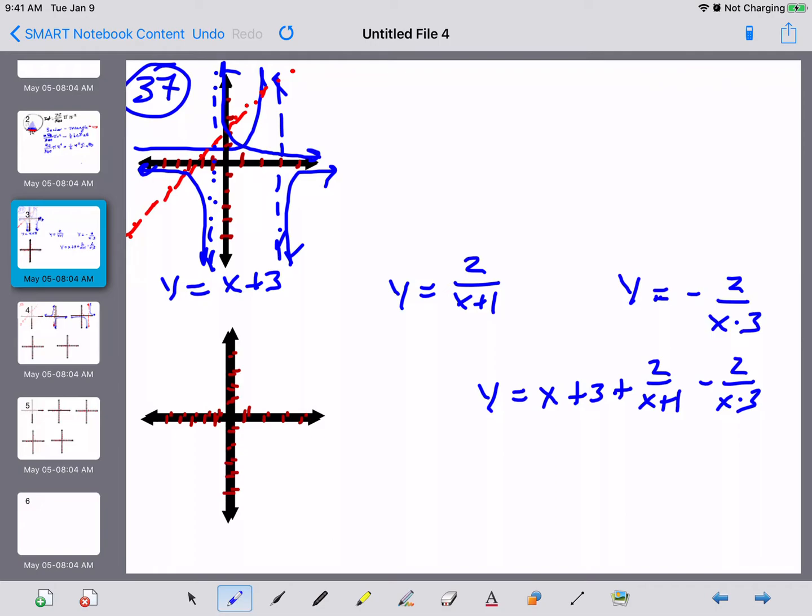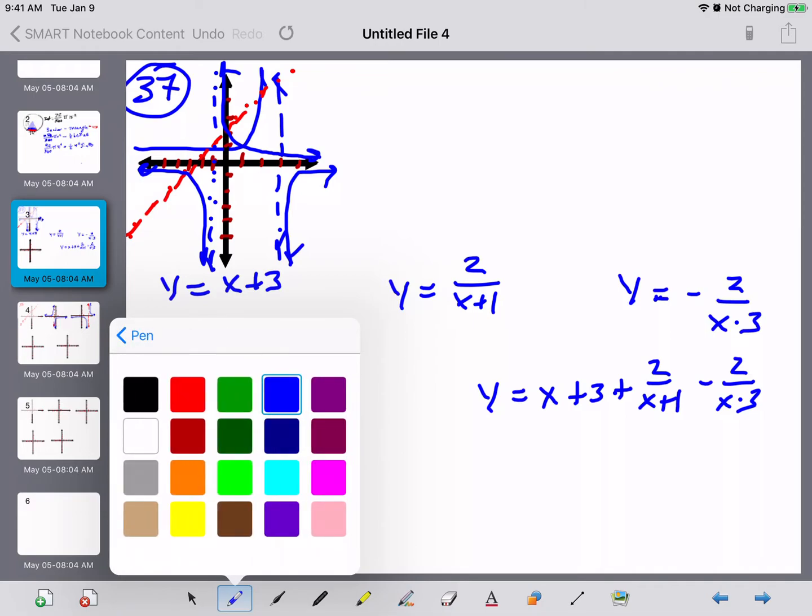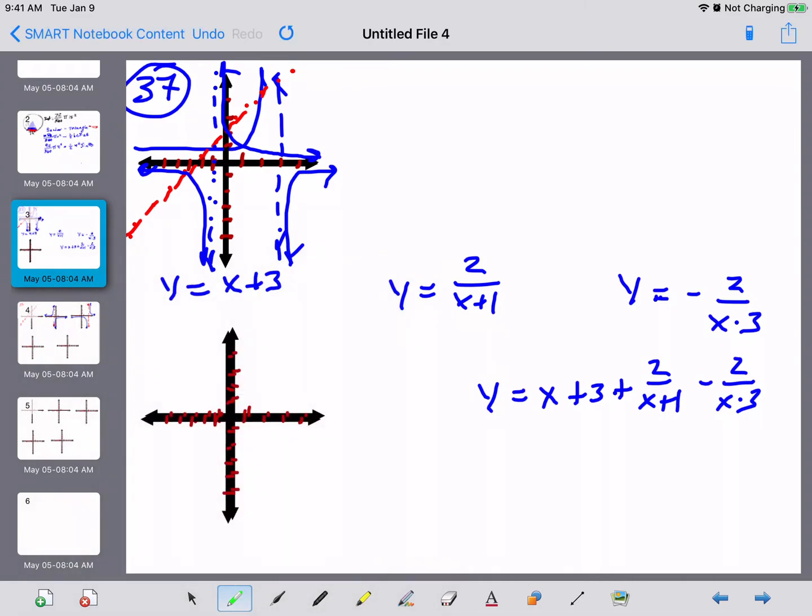When I'm looking at this with 37, let me get a different color here. Now I'm talking about my slant asymptote coming through. I'm talking about my other asymptotes, my vertical asymptotes coming through. So I've got my asymptotes written on my graph.